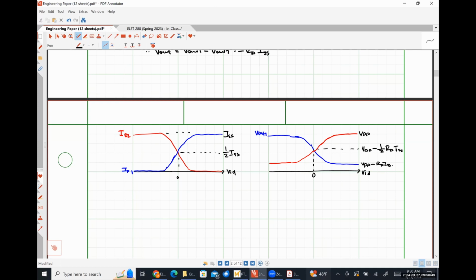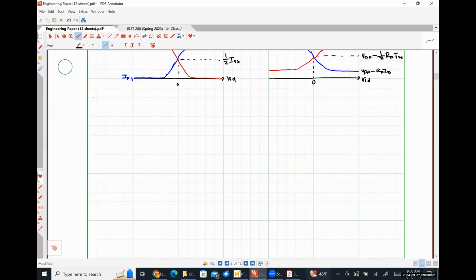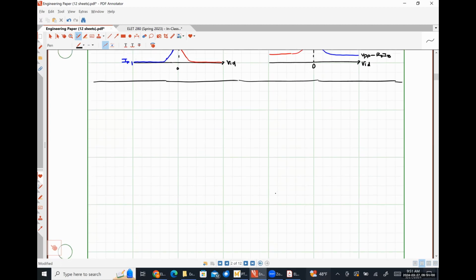Okay. So for our qualitative analysis, we're going to be looking at effectively the same circuit that we were looking at just a moment ago. And we're going to do the exact same process where we apply half of our differential input voltage on one side and half on the other side. So here's V out 1. Here's transistor M1.